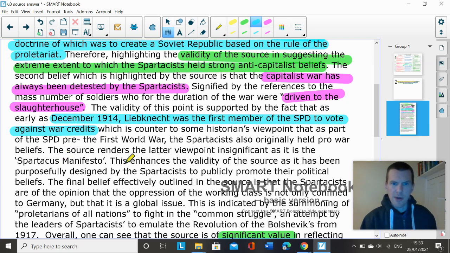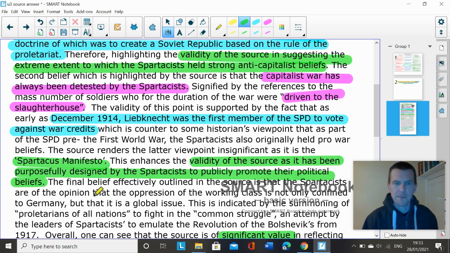This source renders the latter viewpoint insignificant, as it is the Spartacus Manifesto. This enhances the validity of the source as it has been purposefully designed by the Spartacists to publicly promote their political beliefs.